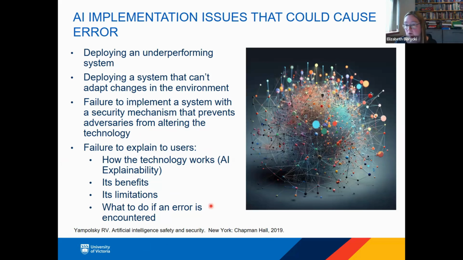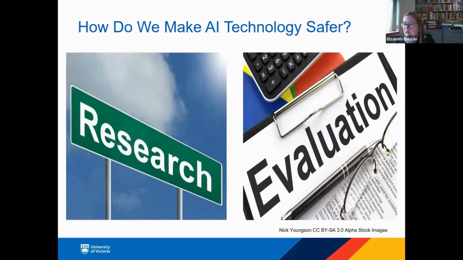And that's very important, because we have to include the organization and the existing processes that the clinician may be familiar with, and add to those in order to understand what the technology is doing. So how do we make a technology safer?